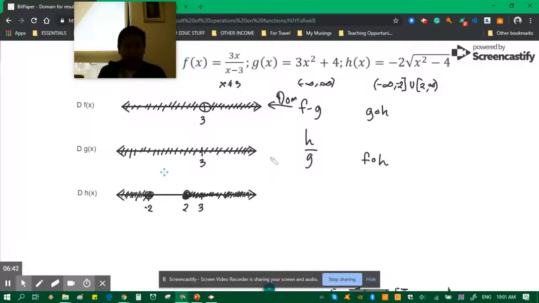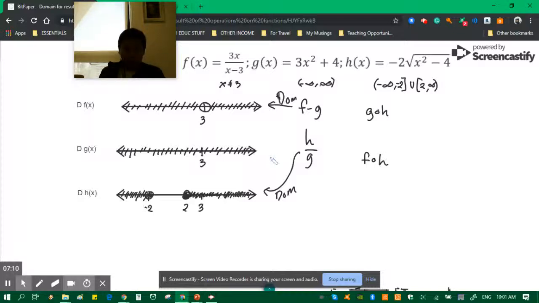For g, though it allows every real number in this domain, h will not allow real numbers which are between negative 2 and positive 2. So we cannot have that for h over g. So that's why h over g follows this domain.